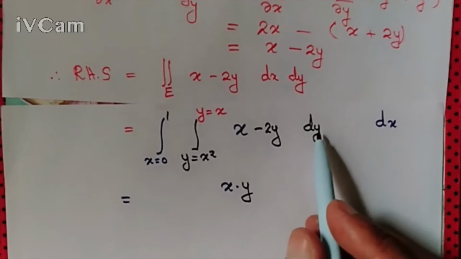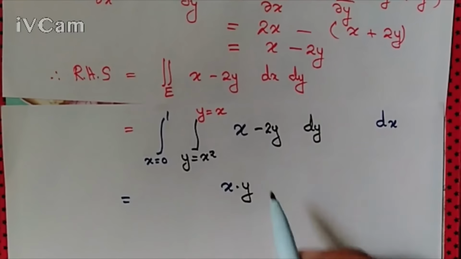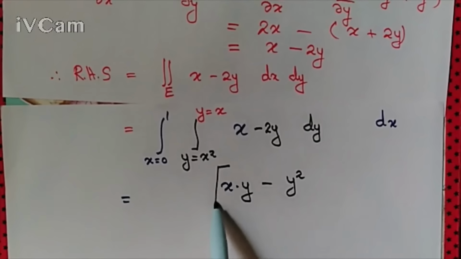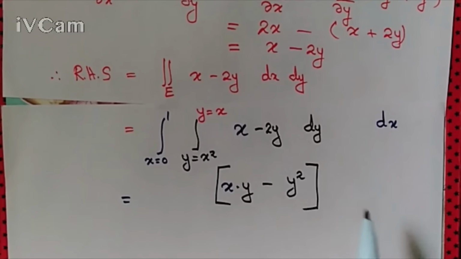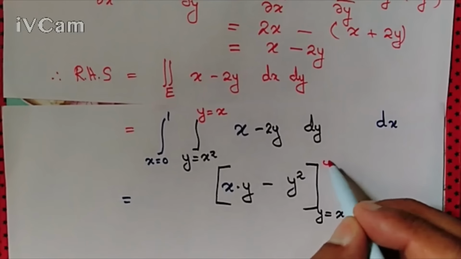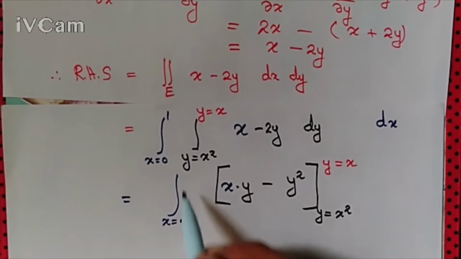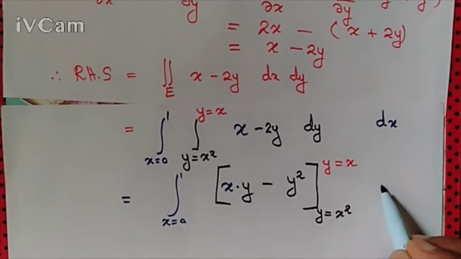Integral of 2y with respect to y is y square. And our y is changing from y equal to x square to y equal to x. At last we'll integrate with respect to x, and x will change from x equal to 0 to x equal to 1.